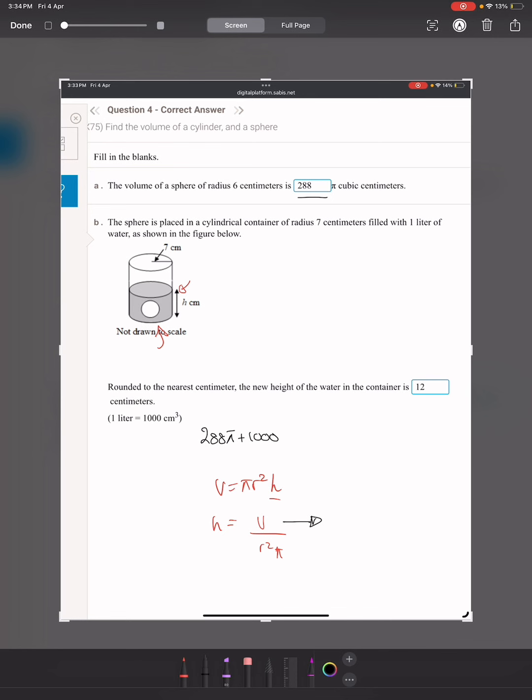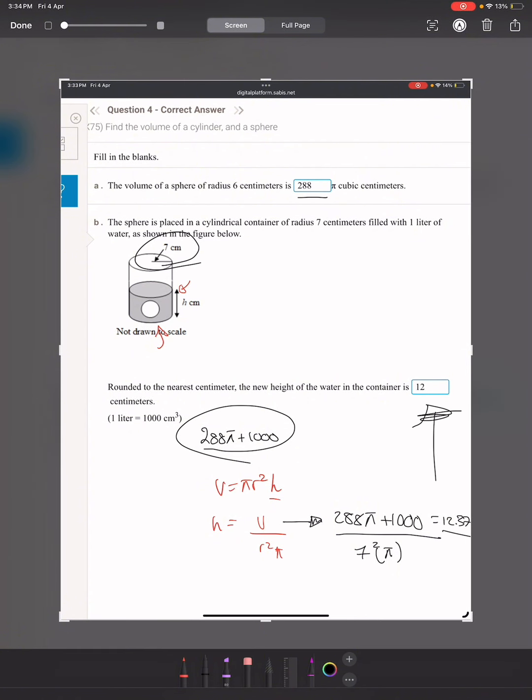So the volume we got here is 288 pi plus 1,000, over r squared, which is 7 squared, times pi. Type this on your calculator just like this. 7 squared times pi. You get 12.37, which is rounded to 12, and that's it.